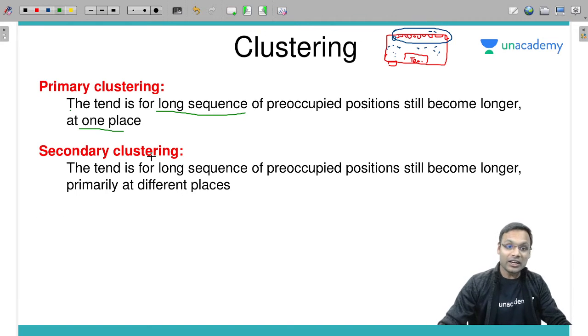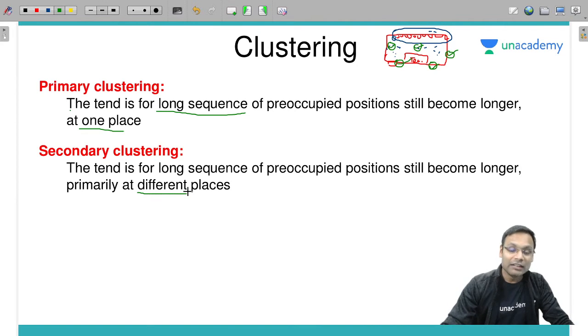Next, secondary clustering. Secondary clustering means some different clusters of different numbers of elements. So one cluster is here, one cluster is here, one cluster is here. Okay, so what is secondary clustering? The trend is for long sequences of preoccupied positions to become longer, primarily at different places.